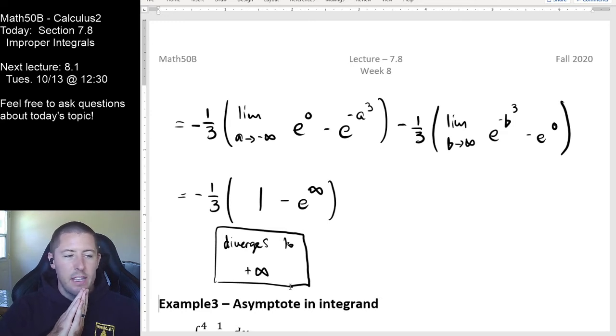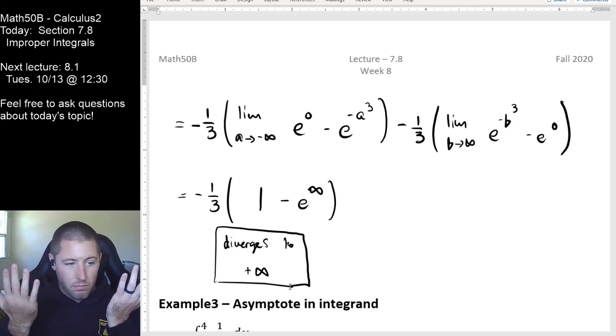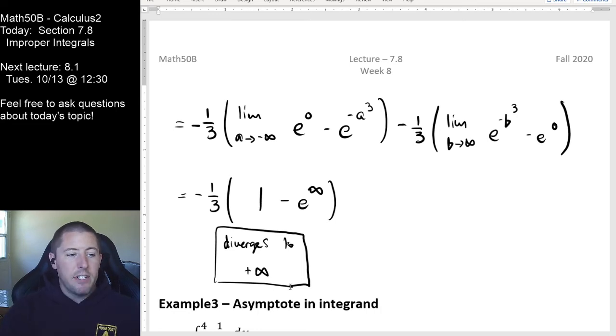Infinity plus infinity, infinity minus infinity. I can never say that infinity minus infinity is going to be some convergent number like 7. I never know that. And so I don't care what we get out of this guy over here.